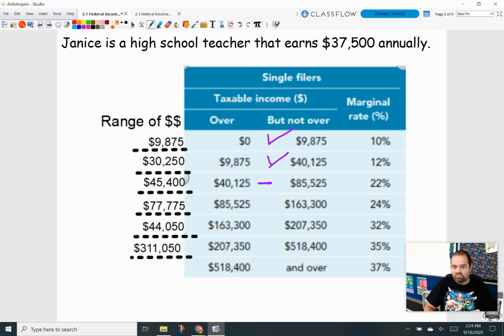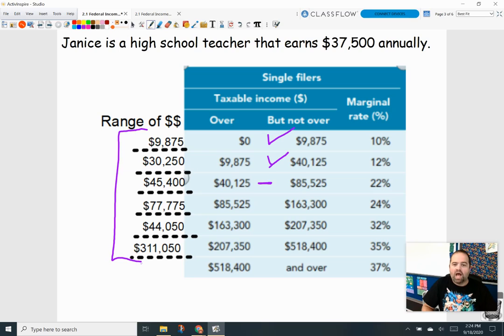And then I don't know how much yet is going to get taxed at 22%. Well, to find that, I would take my dollar amount, that $75,000, and subtract 40,125. What this is going to do is basically save you from having to do the calculations for each and every tier.